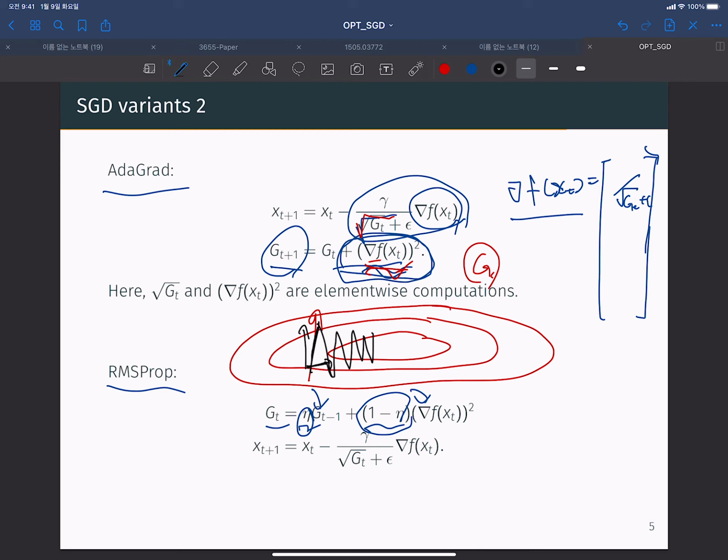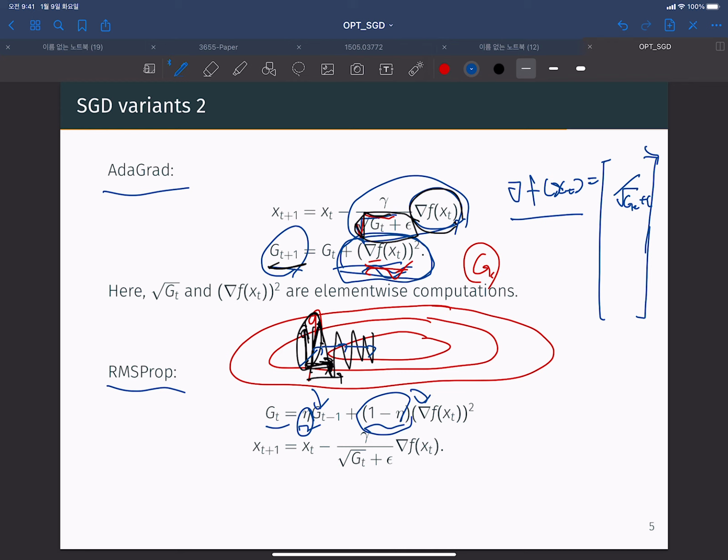Okay, so when you compute the g_t vector, this direction will have a very high value, but that direction will have a very small value. So when you normalize your gradient by the square root of g_t, you can expect a high denominator value in this direction, but a very small denominator value in that direction. Okay, and that can make your trajectory like this, and you can expect much faster convergence.